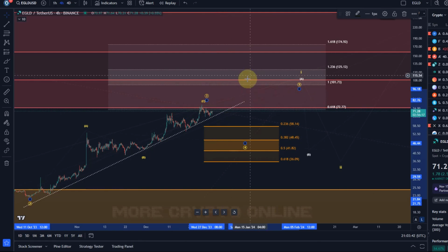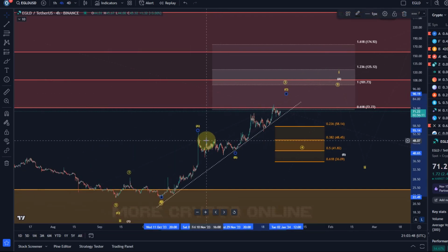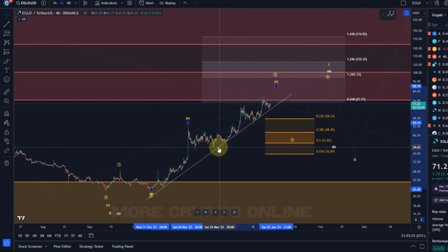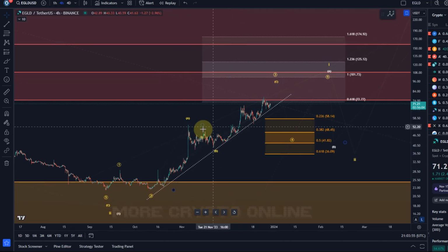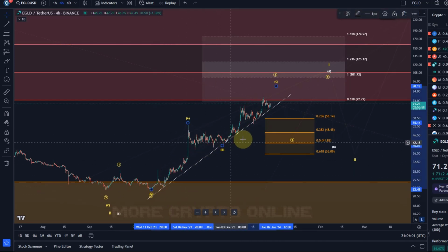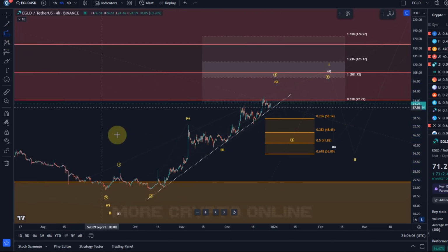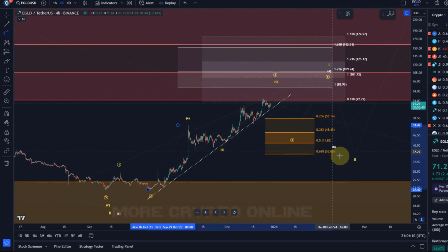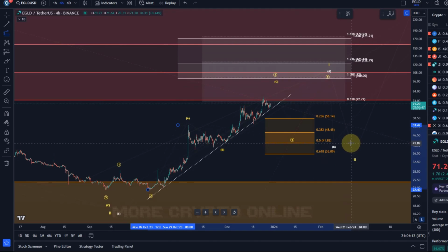It could very well be that in this existing third wave, the price still stretches a little higher. And why is that the case? Well, it's quite simple. The reason is that if we have indeed such an ABC structure here in wave 3, then we can calculate a target for the C wave by taking the length of the A wave and going to the low of the B wave.